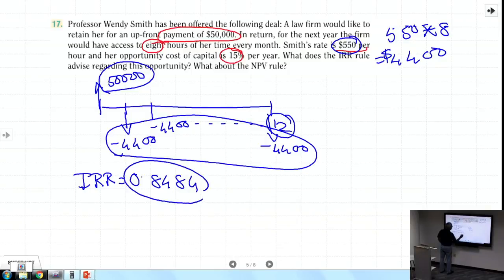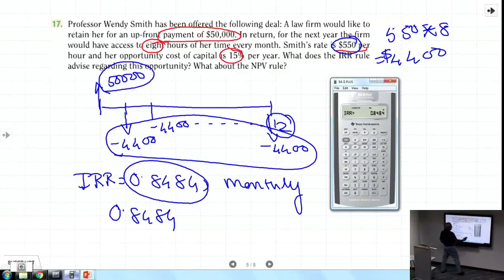But this IRR is a monthly number. I have to convert this into a yearly number. So I can take this 0.8484, which is what I get over here, and multiply that by 12, and that's 10.18.